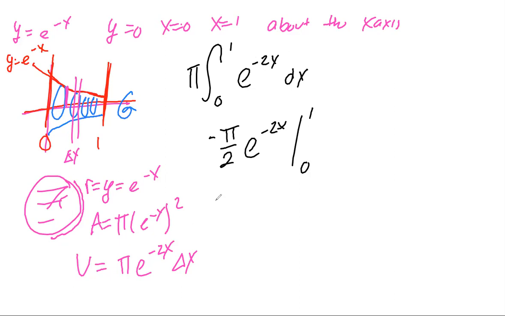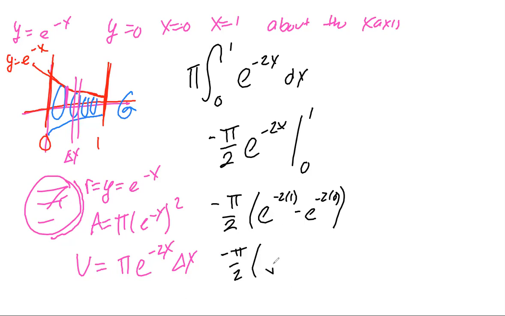Plug these in. Negative pi over 2, e to the negative 2 times 1, minus e to the negative 2 times 0. This is e to the negative 2, and this is e to the 0, which is 1, minus 1.